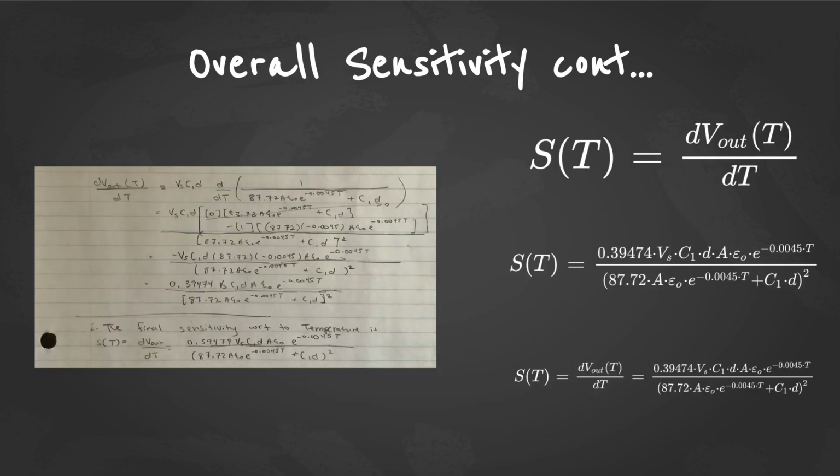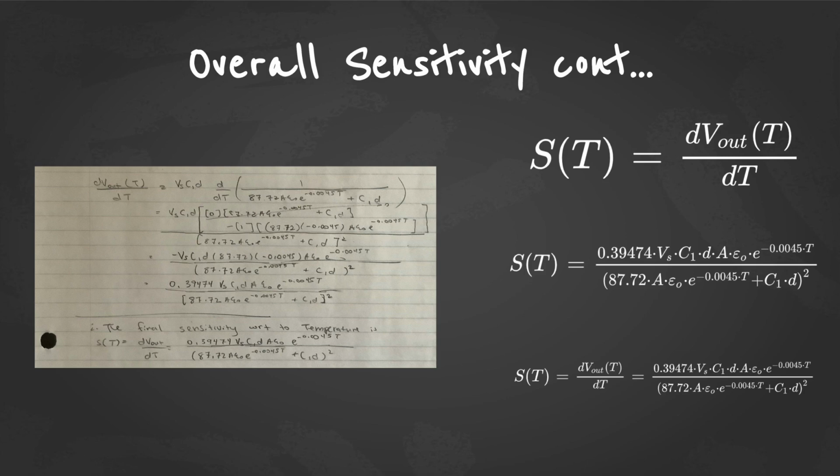Since we define sensitivity as a function of temperature to be the derivative of V out as a function of temperature over the differential T, we can say, by taking the derivative of our V out, which we calculated on our previous page, and on the left hand side you can see all the calculations we did specifically using the quotient rule, we are left with the sensitivity as a function of temperature.